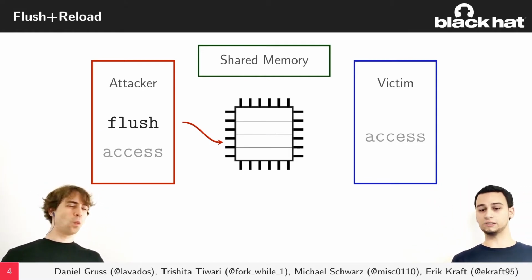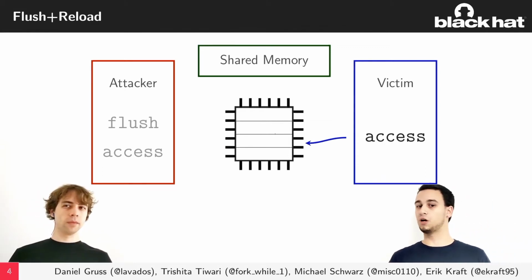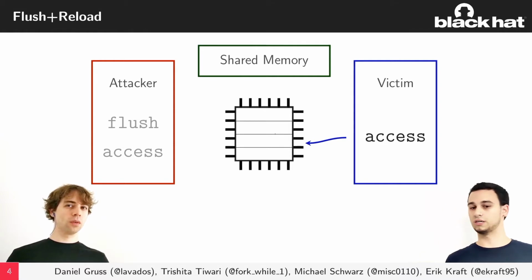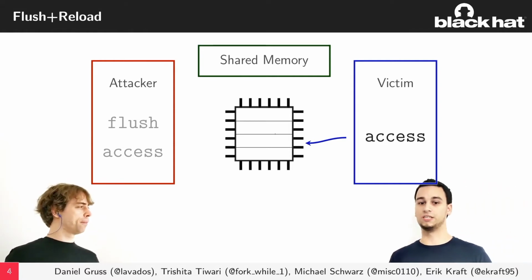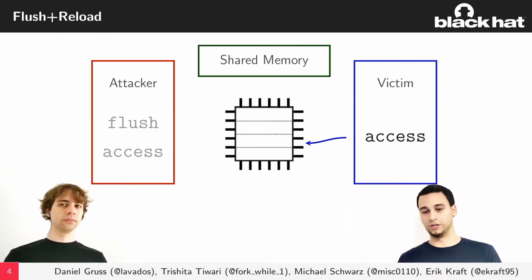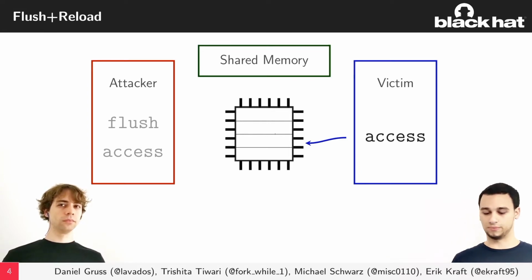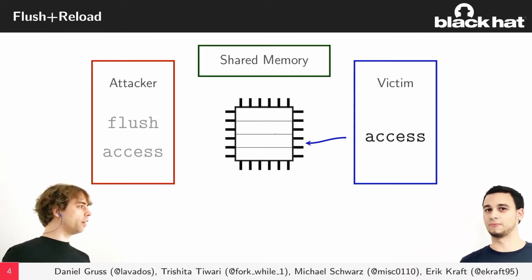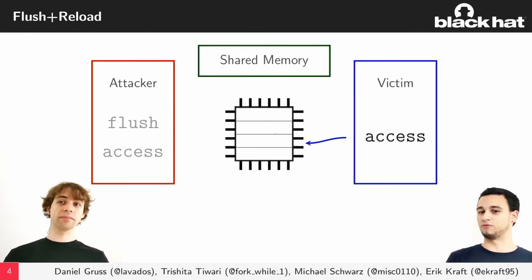So an attacker can do that and then wait for the victim. And the victim now might access some shared data. Again, the shared data might be some library like the libc, or some keystroke library that handles keys, or whatever, some shared library, some shared memory. But this doesn't really sound very dangerous, right? Yes, but think about that.